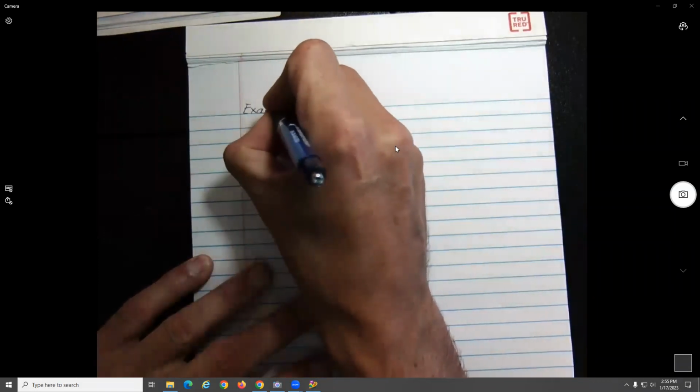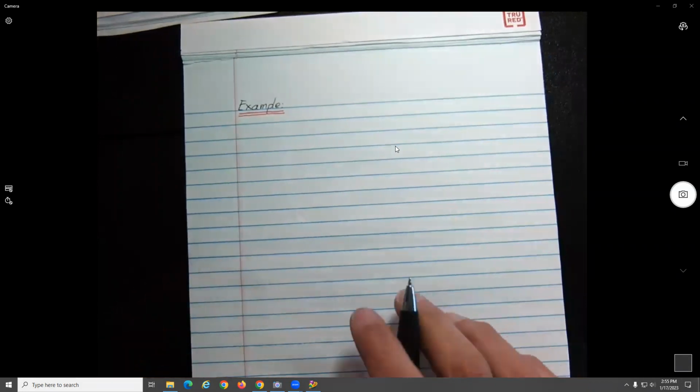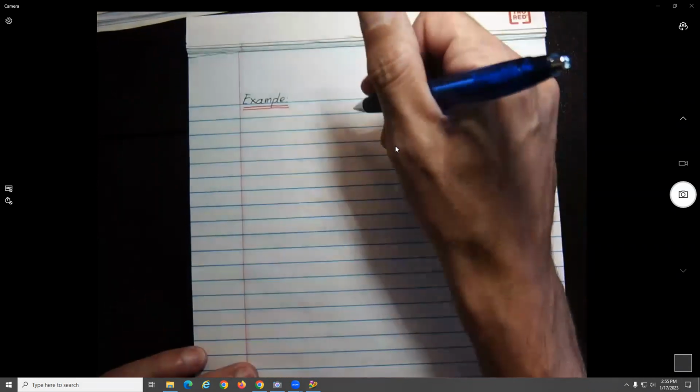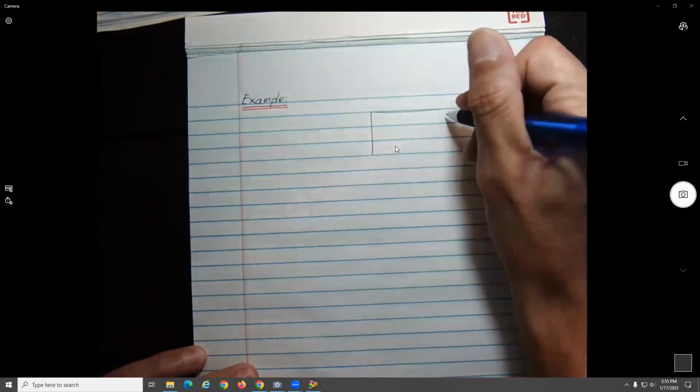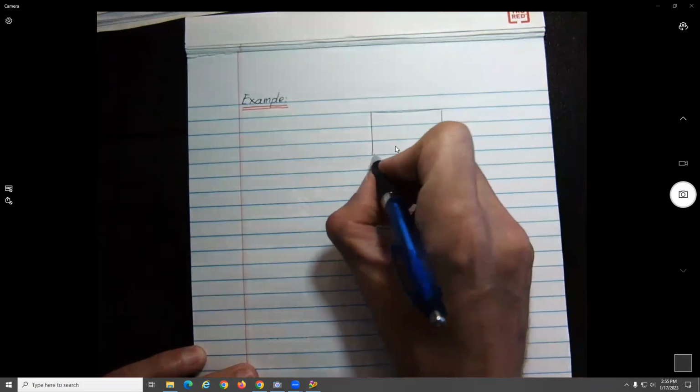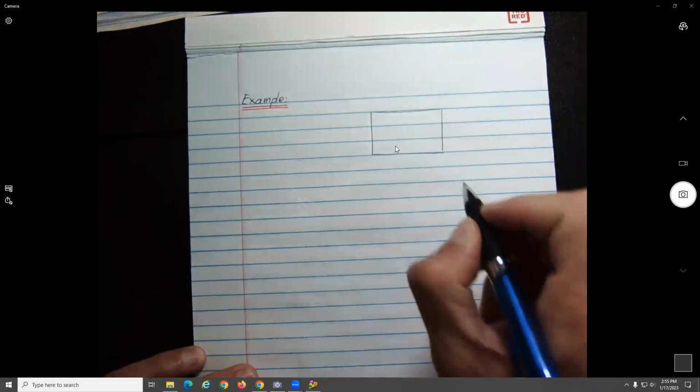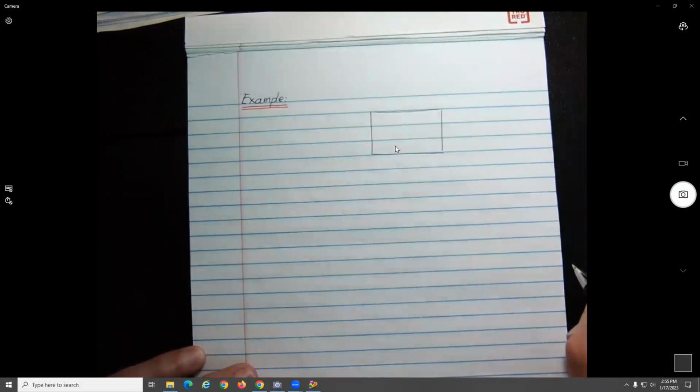Example. Again, this will be the last problem that we do that is statically determinate. After that, no more. So let's say we have here a wing-box-like structure.